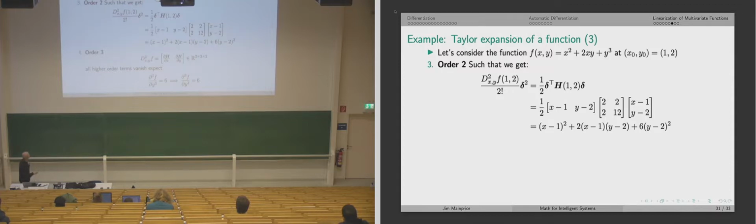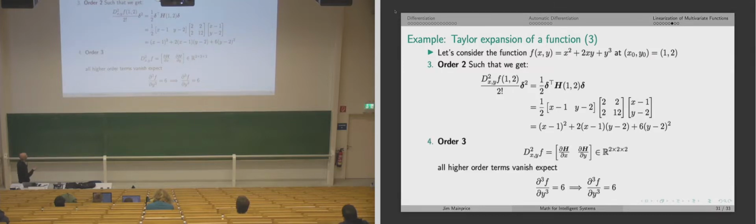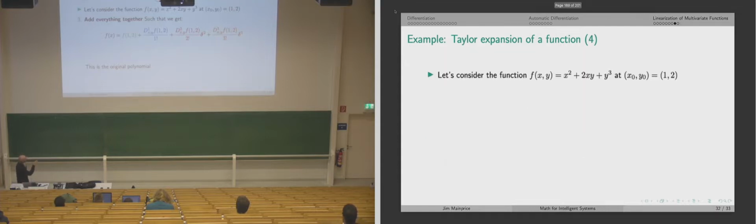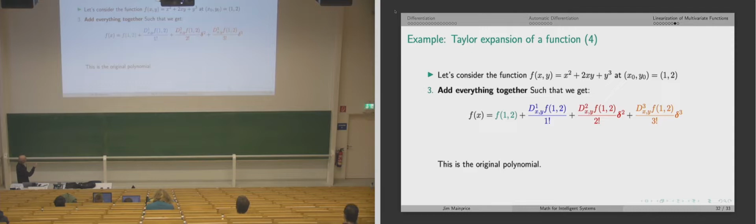And then that's the most difficult part, computing the third order. But actually, at that point, we have this weird tensor here, but most of the stuff vanishes. So we are actually just left with these two numbers. And we can put everything together, the 0th order, first order, second order and third order derivative terms, the sum, and that's the entire Taylor expansion.